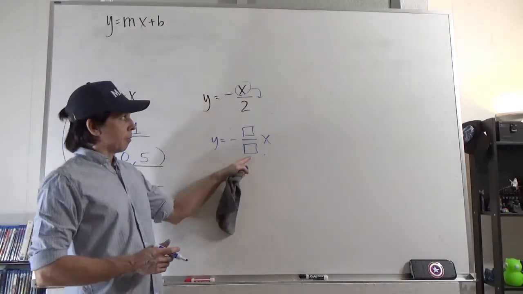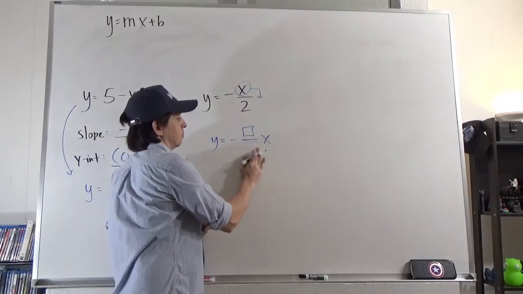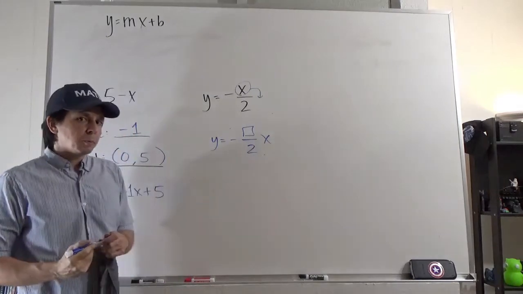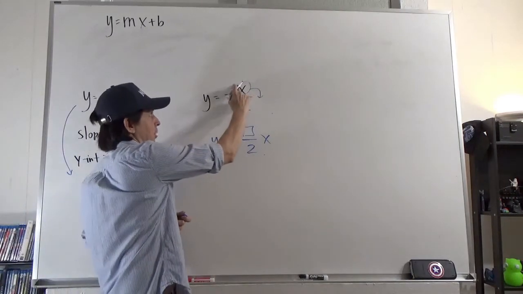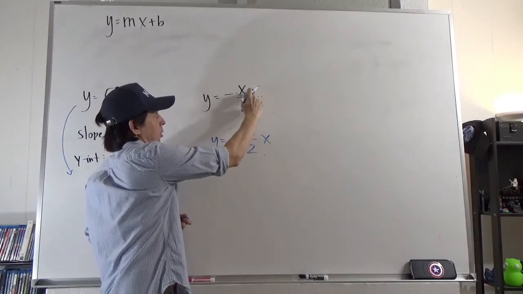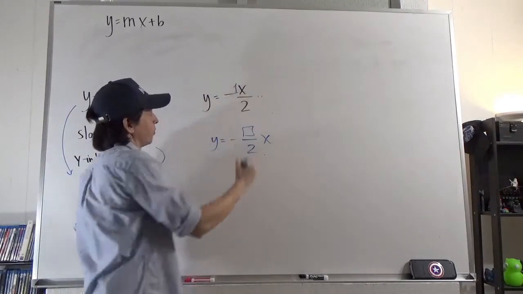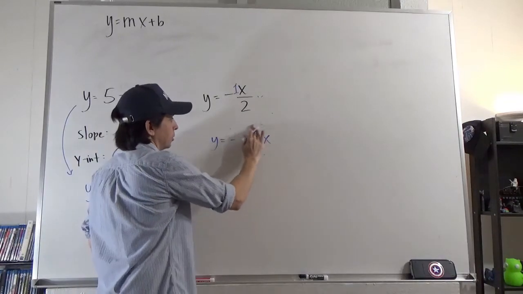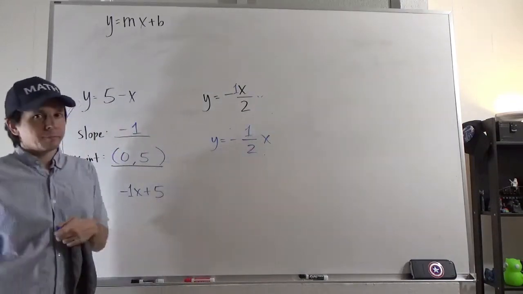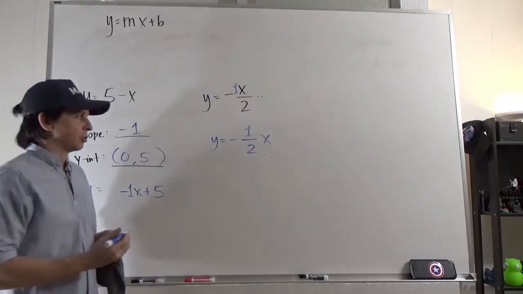What number's on the bottom of that fraction? The 2. What number's on the top? That was the coefficient of the x essentially. What's the number here after we pull away the x? There isn't one. It's like that same invisible 1. So when we pull away the x, we get a 1 there. Negative 1 over 2 times x is equivalent.